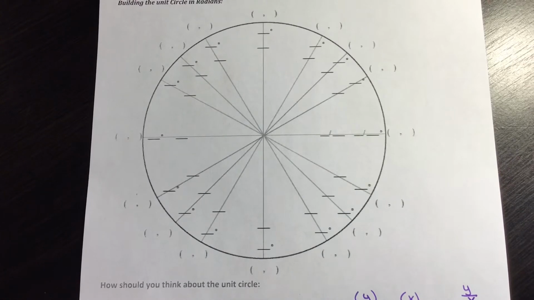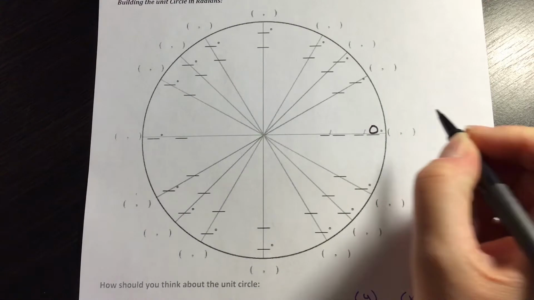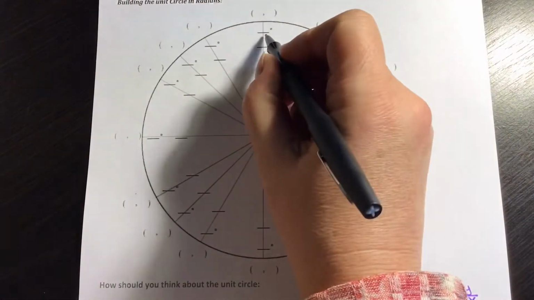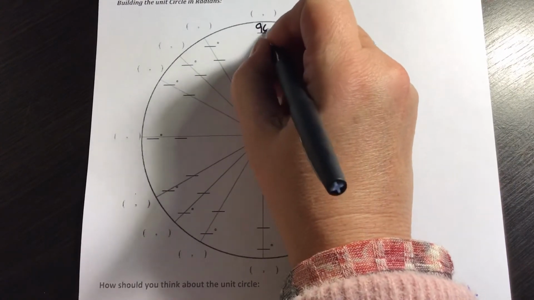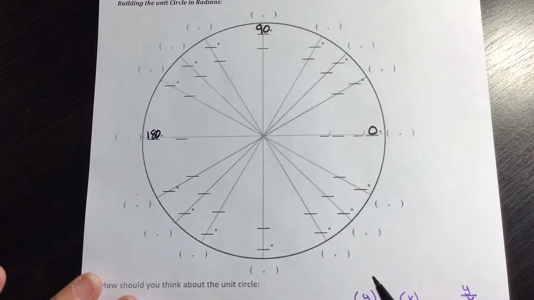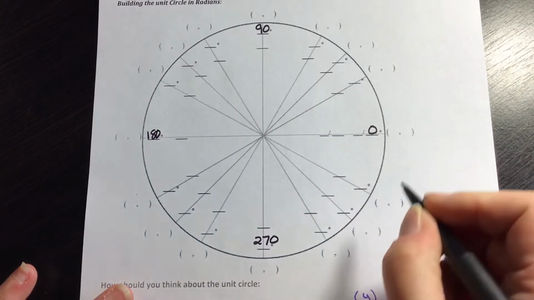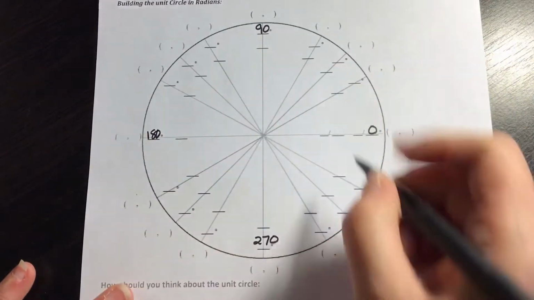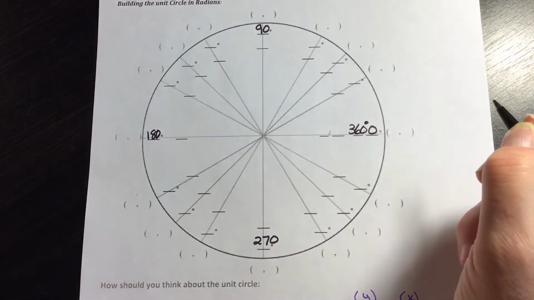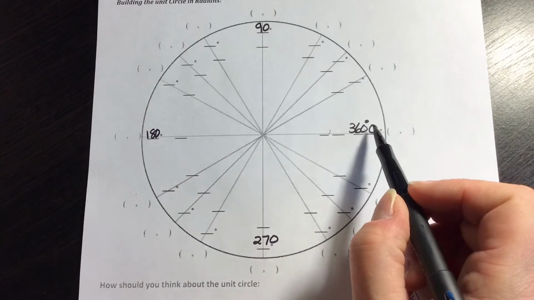So we're going to label our angles, and starting at 0, sometimes it's easier to break it in sections. Like we know that up here this is a 90-degree angle, and a straight angle is 180 degrees, then 270, and all the way around the circle this could also be 360 degrees. All right, so then let's break this in half.